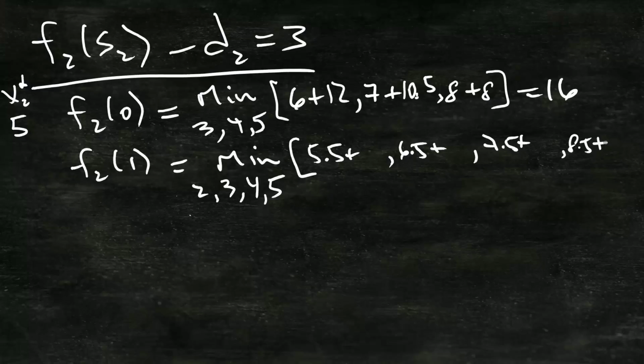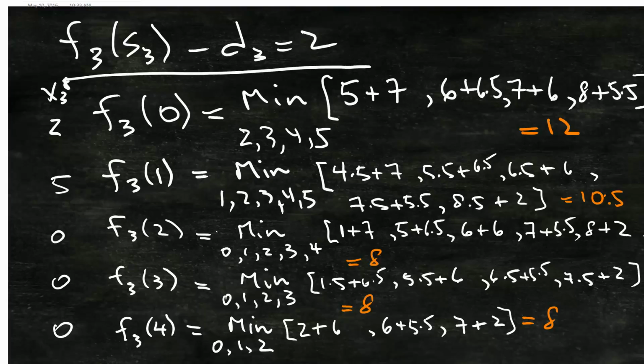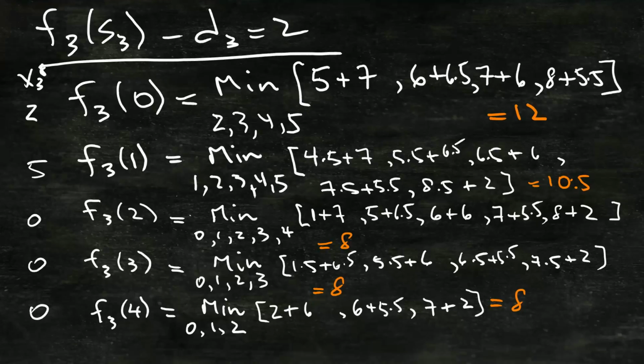And now we can look back here. If we produce 2, 3 minus 3 is 0, so we'll have 12. We'll have the same numbers as we had up there. 10.5, 8. Now we have to look back, and I believe it's another 8.